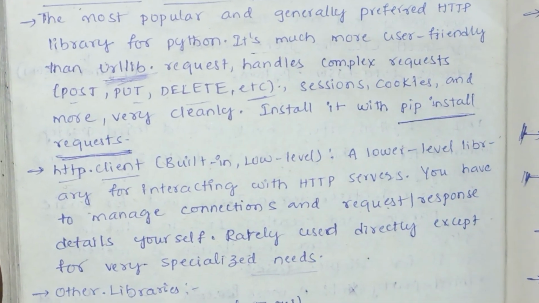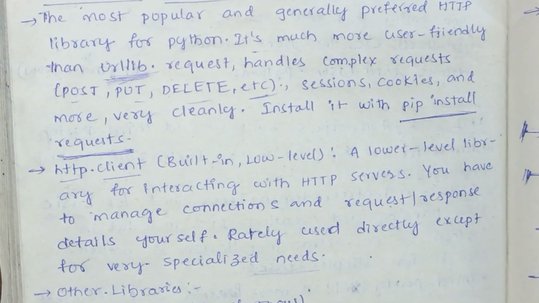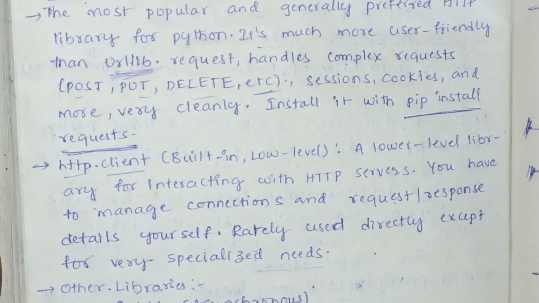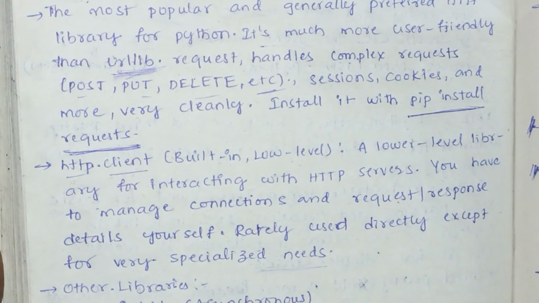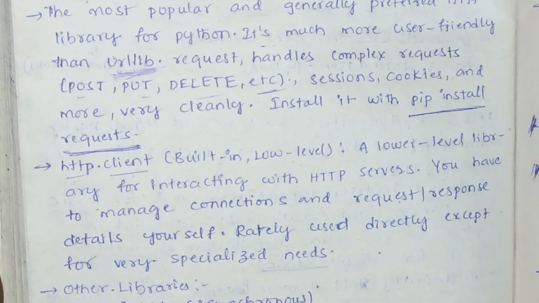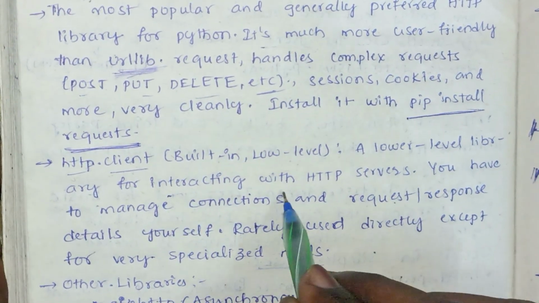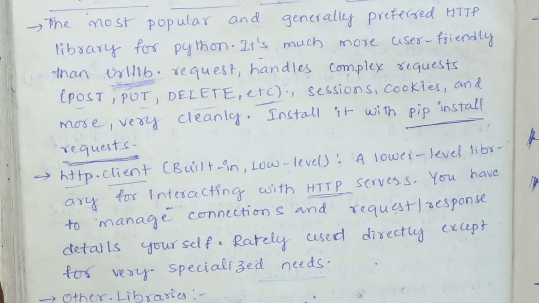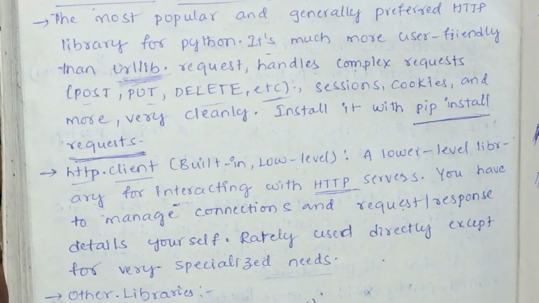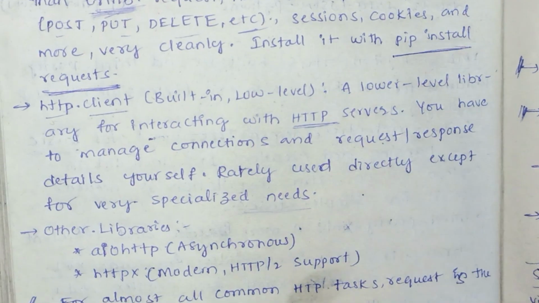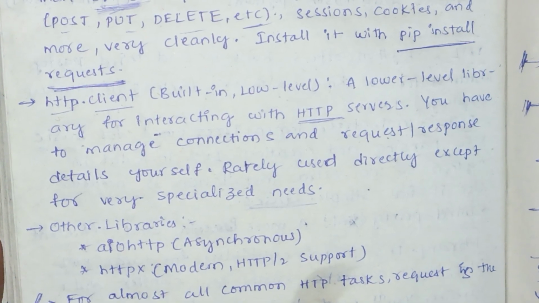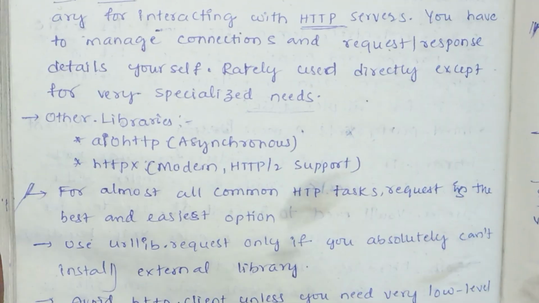Whenever a client wants to interact with the server, it may do so by using http.client. A user interacting with the server this way is low level. That is all about the HTTP library. So we have requests, the third party, highly recommended, urllib, and http.client.